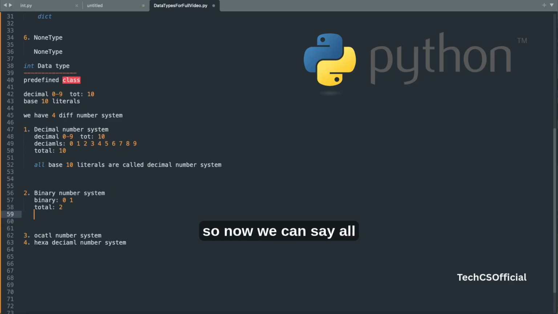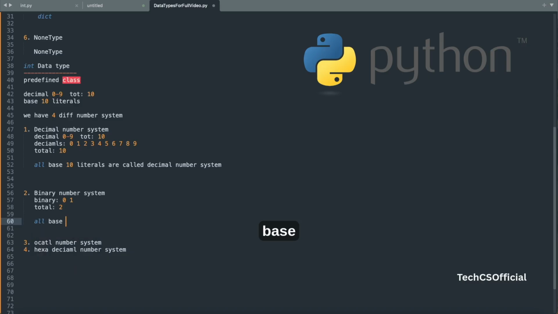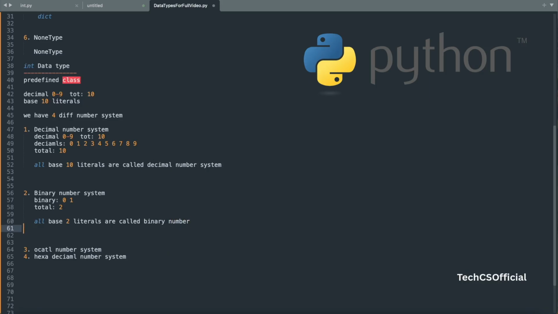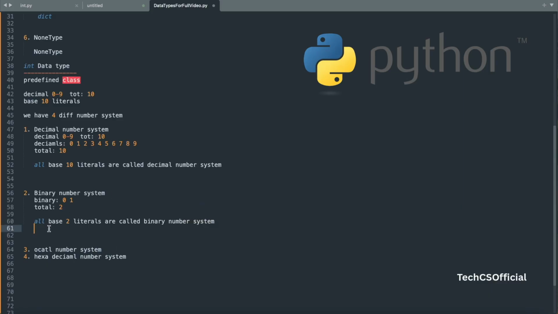Total was 2, right? So now we can say all base 2 literals are called binary number system.